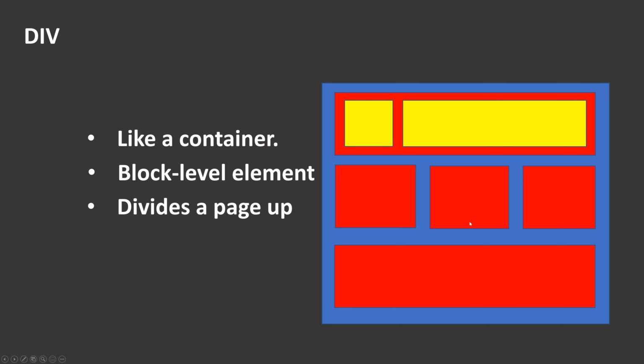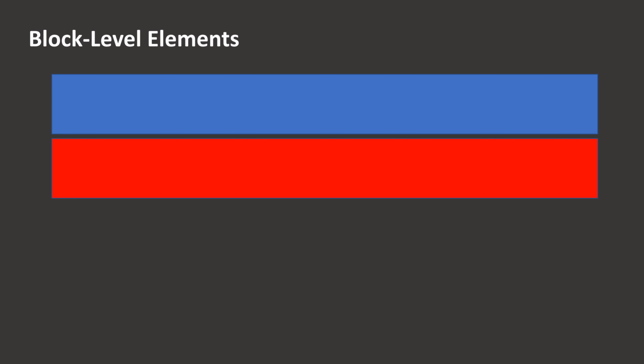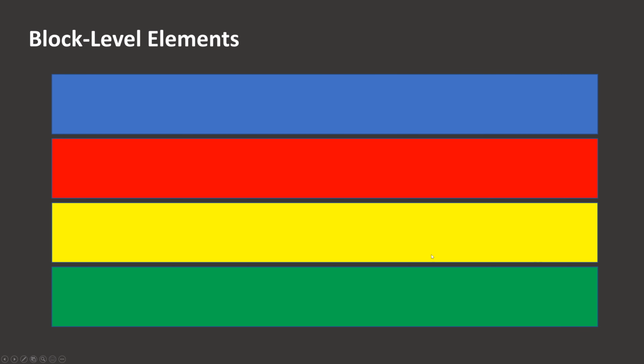Okay, so let's get into block level elements here. A div is a block level element, and there are several other tags that are also block level elements. Now, a block level element presents itself on the page basically like this, down the page in a row type fashion.